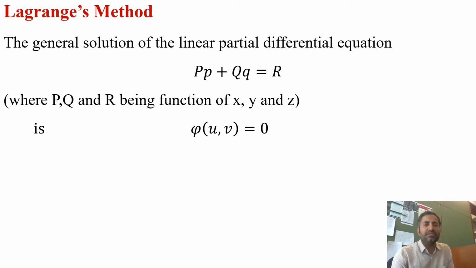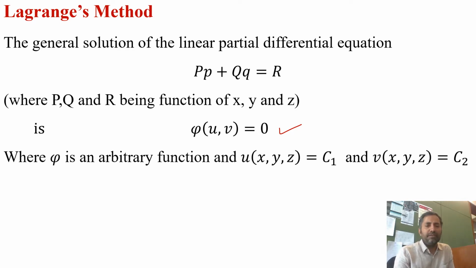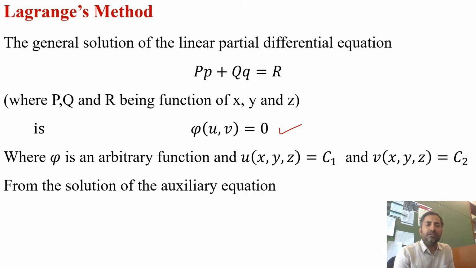The solution of such a linear partial differential equation can be defined in the form phi(u, v) is equal to 0, where u and v can be found from the solution of subsidiary or auxiliary equations, and phi is any arbitrary function.